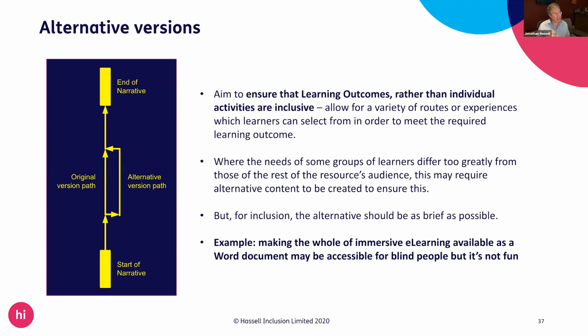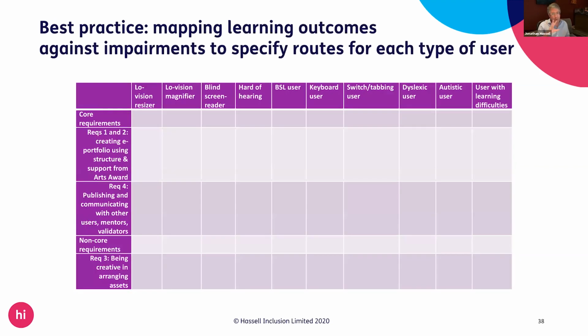So it's about saying, when you do alternatives, how do you make sure that you don't do an alternative for the whole thing, but try to make that alternative path as short as possible. And what we used to do, and what I've done for various different e-learning systems since then, is to put together what we term an accessibility map.